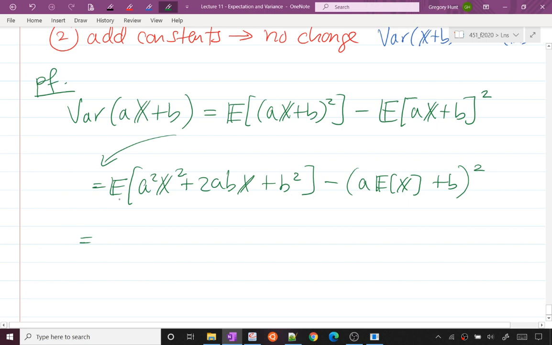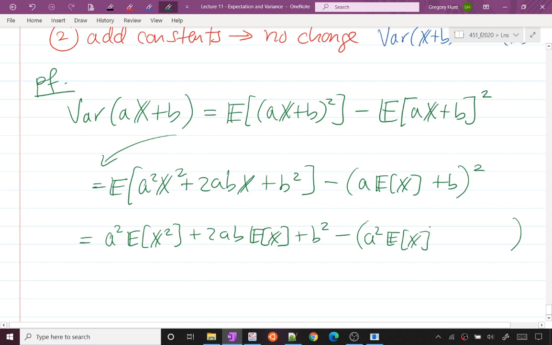Continuing on to the next line, I can apply linearity. I can pull out constants. Any constant can be pulled out of that expected value like that. And I get a b squared. And then I'm subtracting off, I just have to square this out. It's a squared expected value of x squared, so you're seeing where the parts are coming from here, plus 2ab expected value of x.